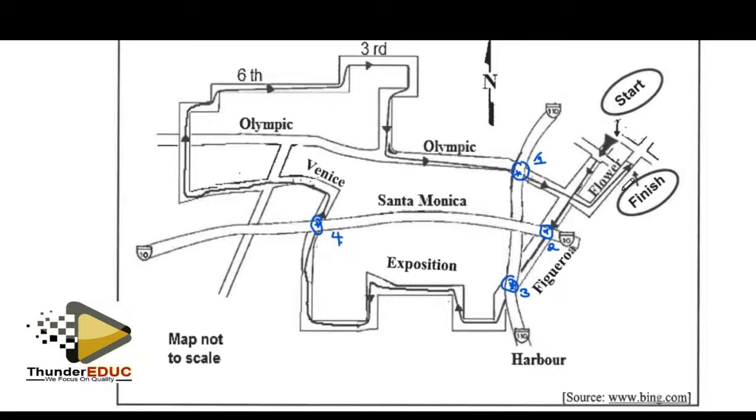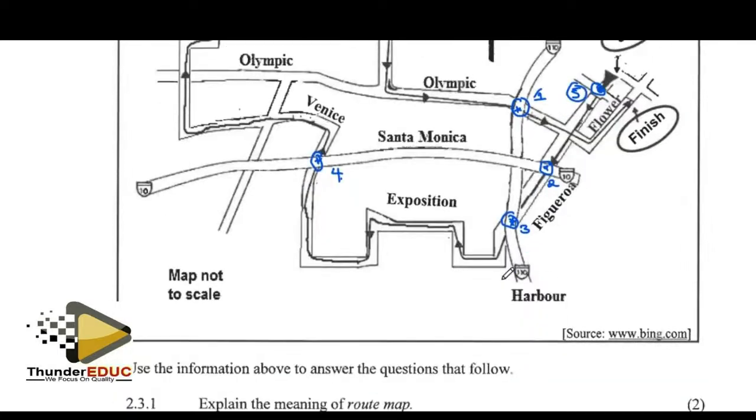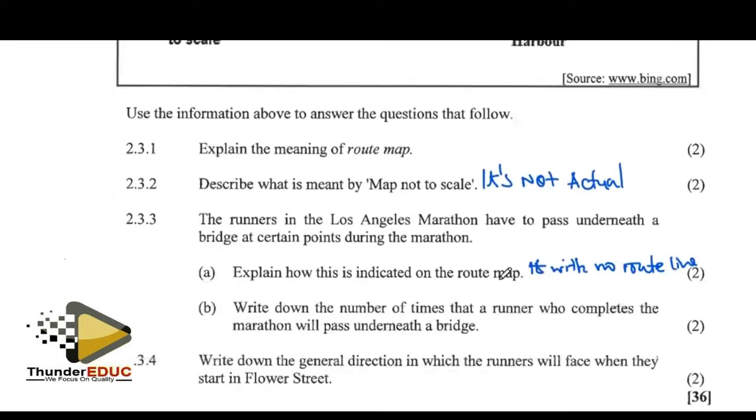Any other part where the marathoners pass under? It's not clear. Probably 5 is here, because this is a start, this is an arrow, there's nothing there. So we go on and you see 5. There's no other place. All right, this is 5.